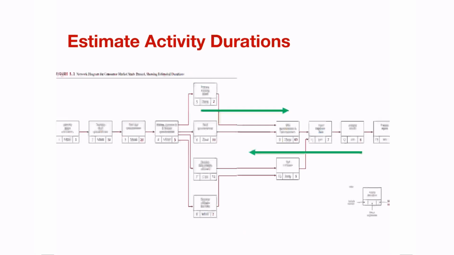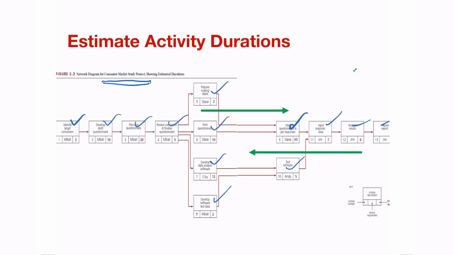So now let's have a look at an example that we're going to be using right through this entire chapter, and that is the consumer market study project. This is a whole lot of activities that go into doing the market study, and this is what we call a network diagram.